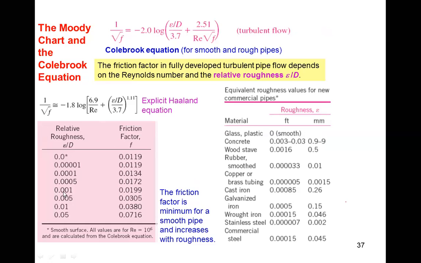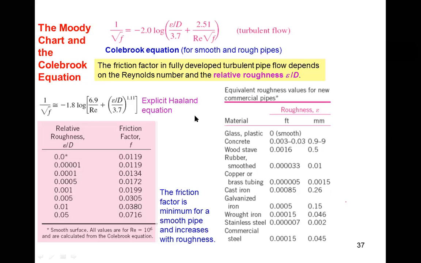And this is the roughness-corresponding value of the friction factor, and these values would be provided to you. You need not worry about how these would be provided. If you want to use this particular formula, epsilon, the roughness of the material, and the diameter would be provided, and Re would be calculated by you based on your volumetric flow rate and the diameter.